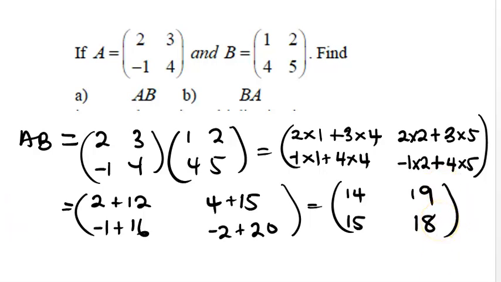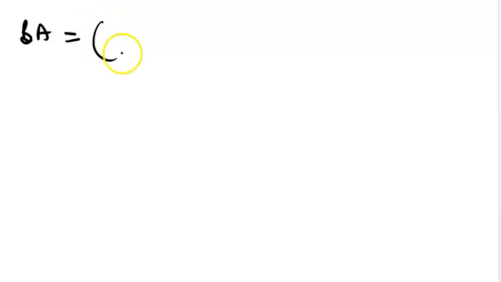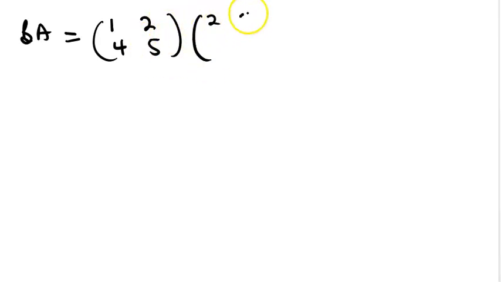Okay, so let's go to the BA part. We have to find BA, that will be matrix B first: 1, 2, 4, 5 times 2, 3, minus 1, 4. So let's multiply.